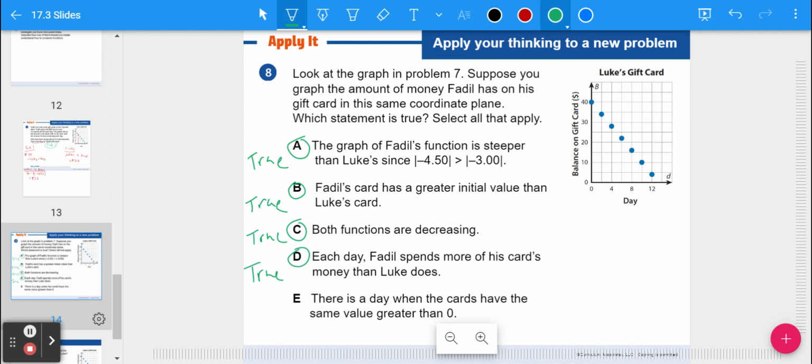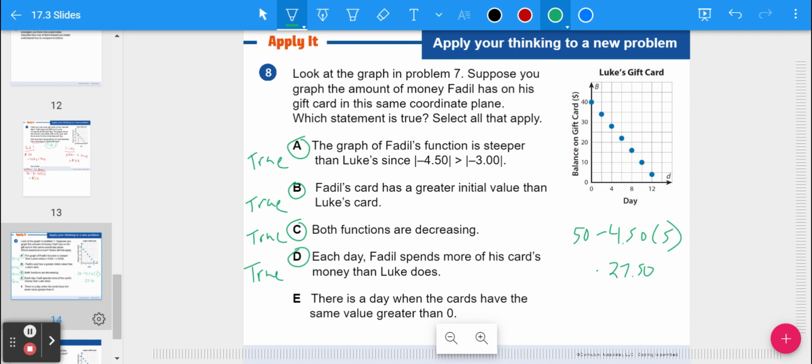It was close, like the 32 and the 28, but let's say we did after 5 days. So let's do 50 minus 4.50 times 5. So $4.50 times 5 would get me $22.50. So I would be at $27.50.